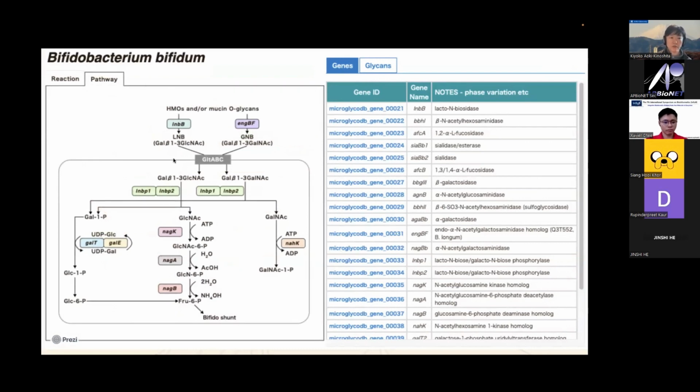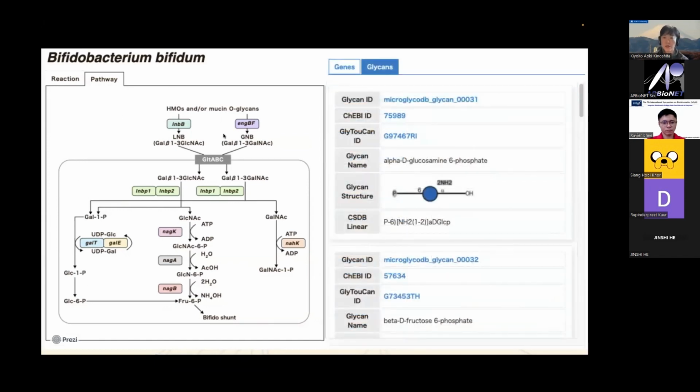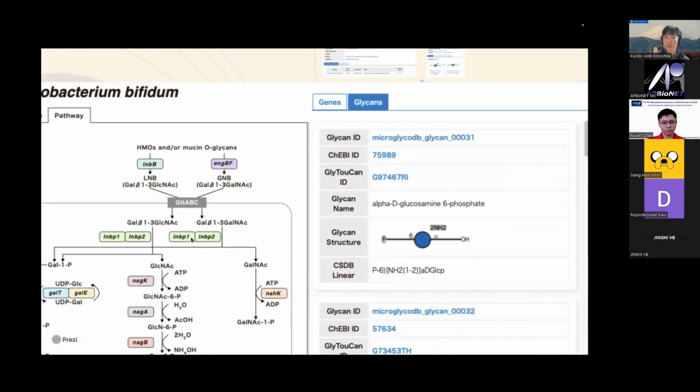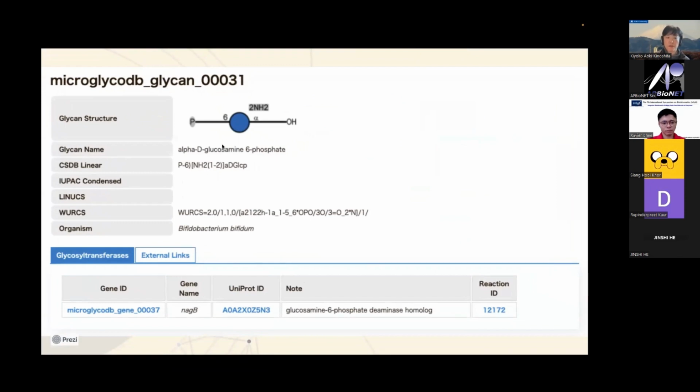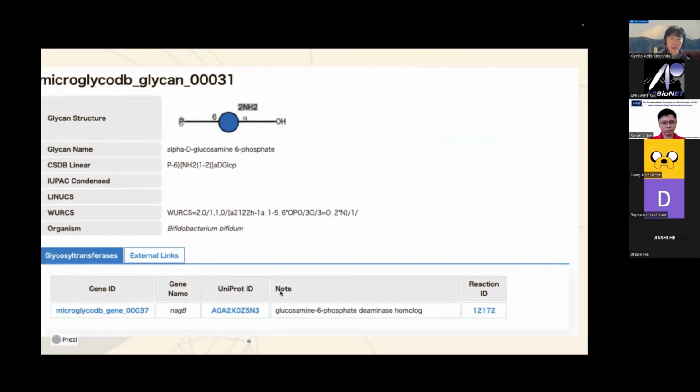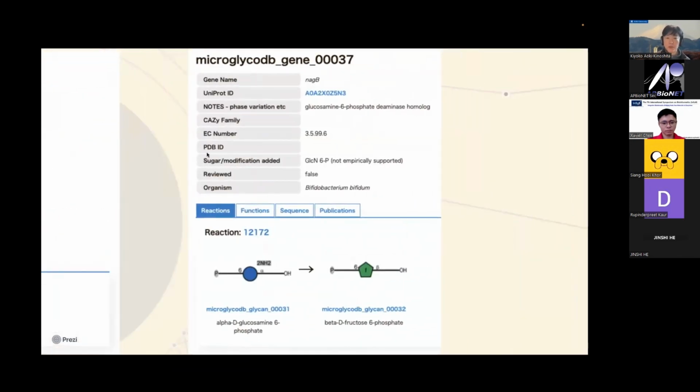You can see the pathways they have discovered for generating the glycans. By clicking on the glycan list, you can see the glycans that have been identified in this species. There's a detailed entry page, which also has links to other databases, as well as details about the genes themselves.